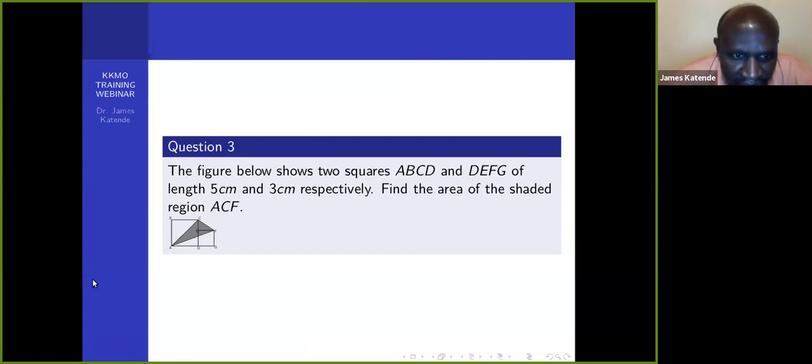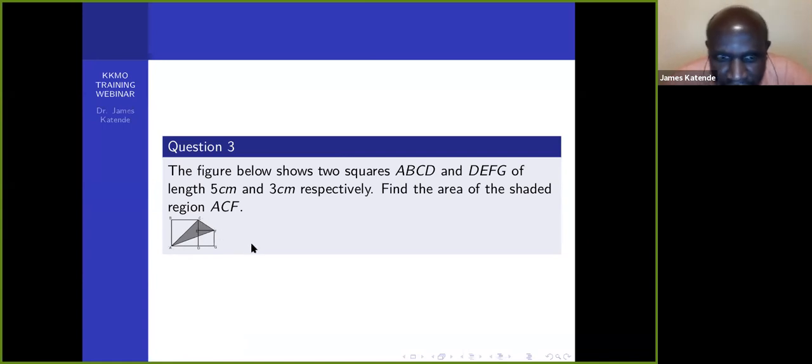So the bigger square is this one, A, B, C, D, and the smaller square is down here. So what we need to do is to find the area of the shaded region, ACF, that shaded triangle. That area is what we need to find.